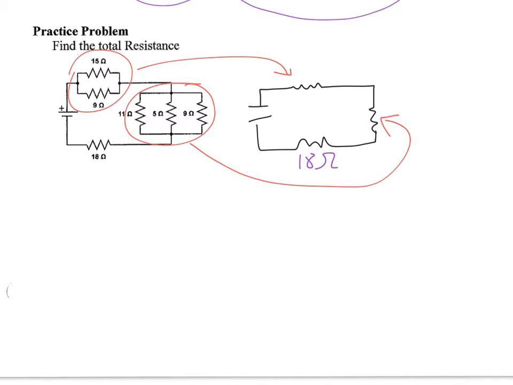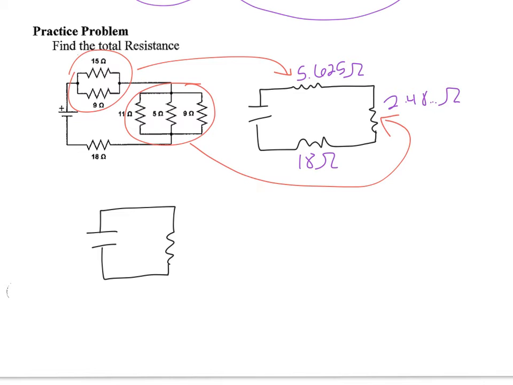For the top one, we have 1/15 plus 1/9. The reciprocal of that is 5.625 ohms. And then over here on the right, we have 1/11 plus 1/5 plus 1/9. The reciprocal is 2.48, keeps on going, ohms. Now we have a series circuit, so we want to reduce that so that we have a simple circuit.